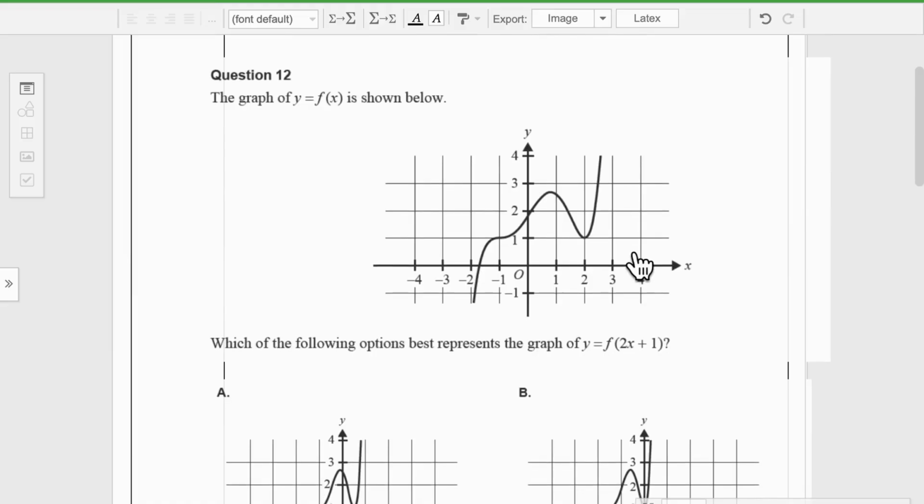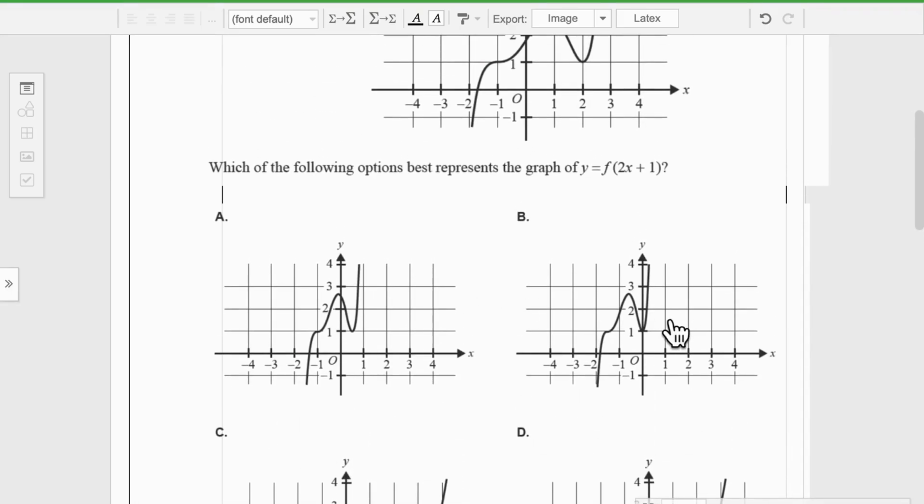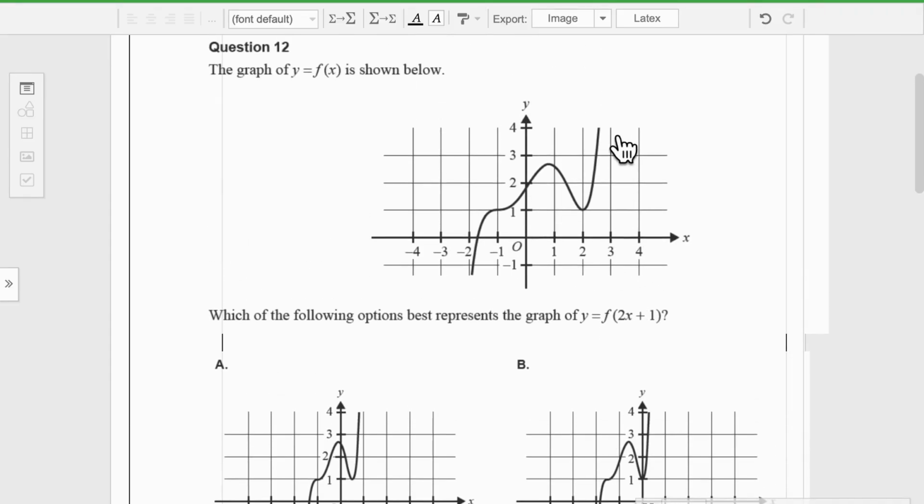For this graph, it has been compressed by a factor of 2, so C and D cannot be the right answer because in C and D the graph has been stretched from the y-axis. Then only A and B are the possible answers now.